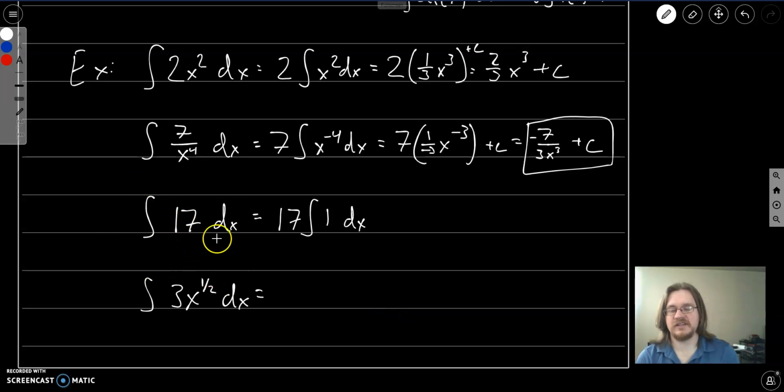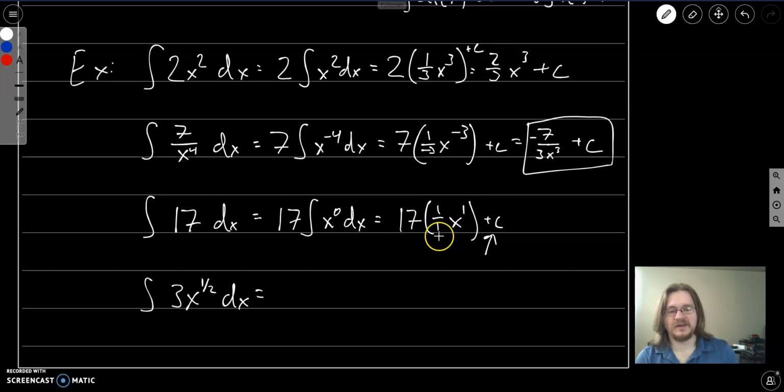So if you pull a 17 out of a 17, you're just left with a multiple of 1, which is the same thing as x to the 0 power. When I take the antiderivative of x to the 0 power, I raise it to the 1 higher power, I divide it by that power, and I can't forget my plus c. It's always got to be there.